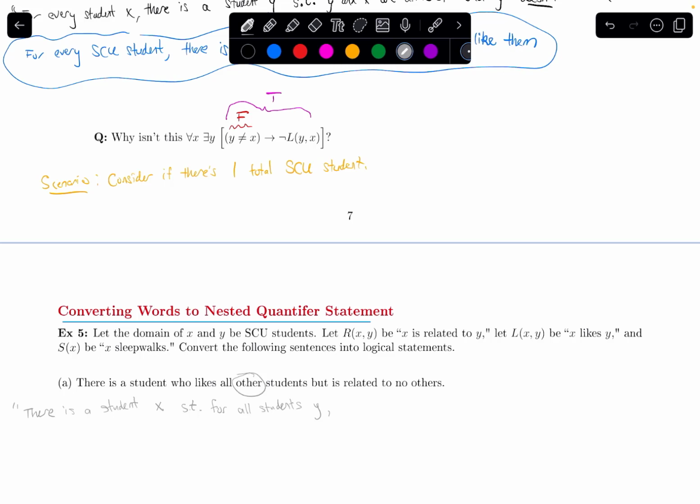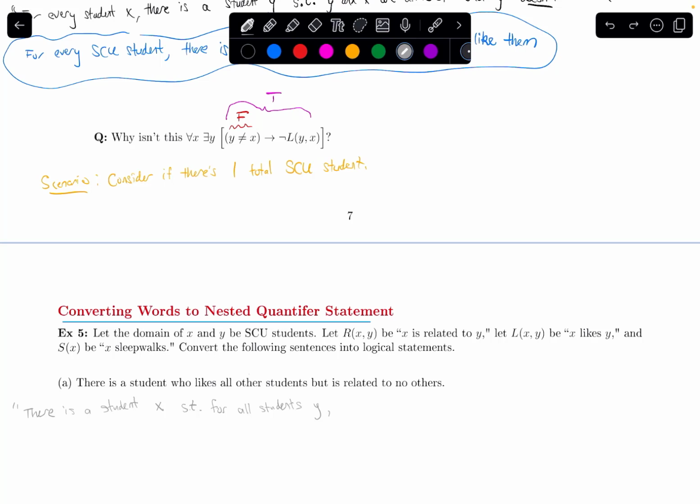I need somehow a way to say that when y is another student from x, so different from x, then that's when the situation happens where the first student likes that other student and is not related to that other student. So that kind of suggests I'm going to use an if-then format.